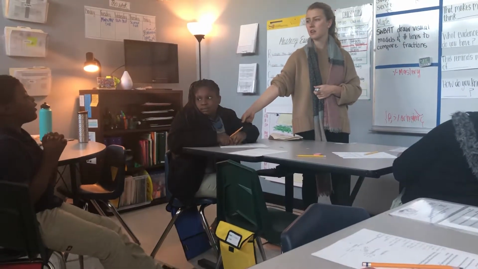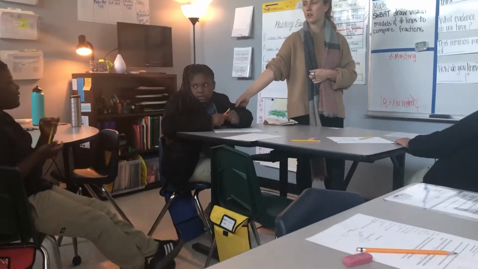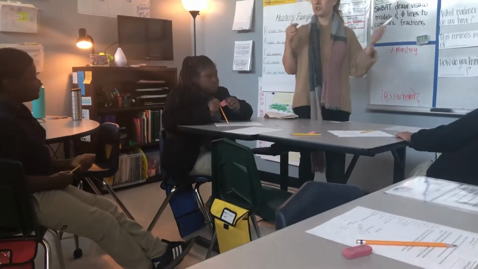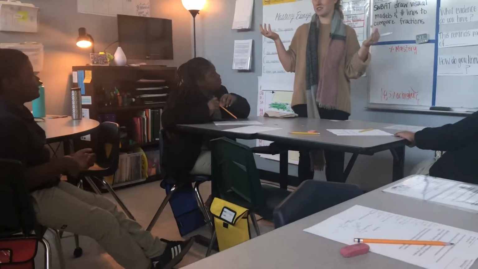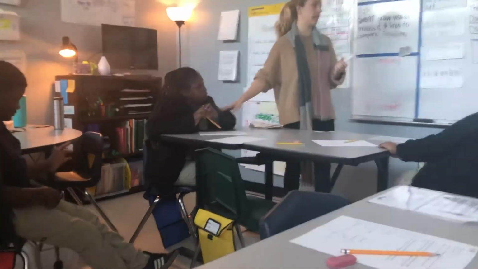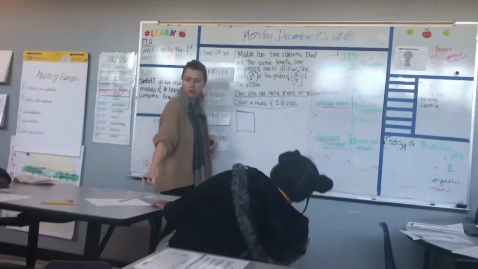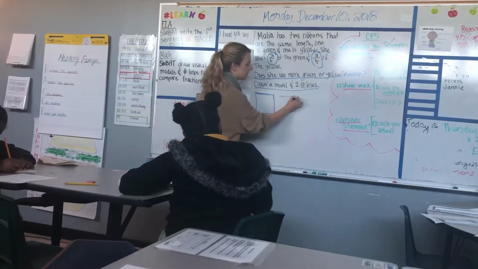Right, so will we be able to tell which fraction is bigger if they're different sizes? No, they have to be the same size. So go draw 2 same size rectangles. Do it now.